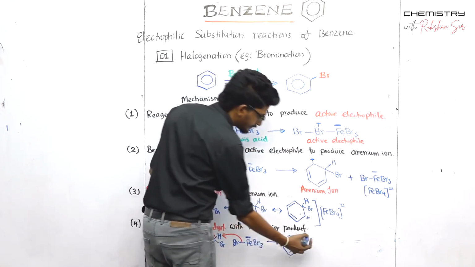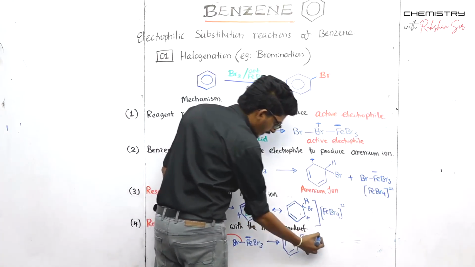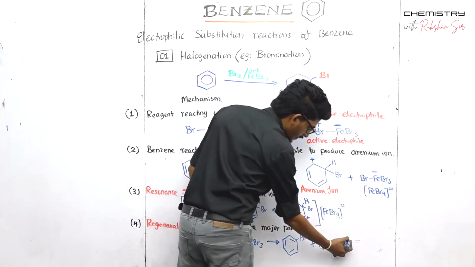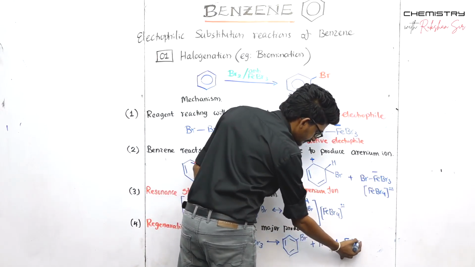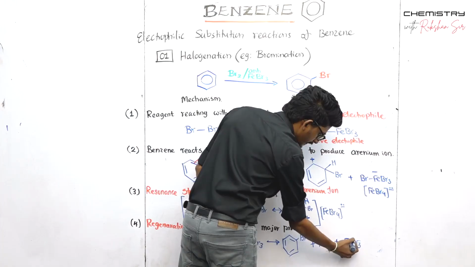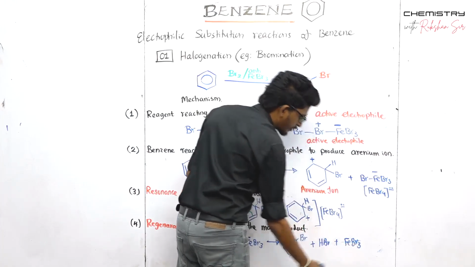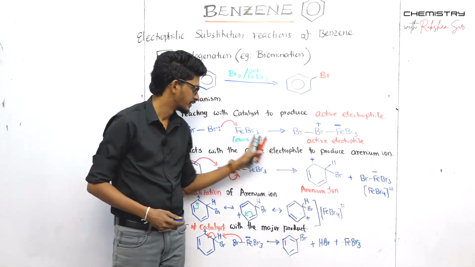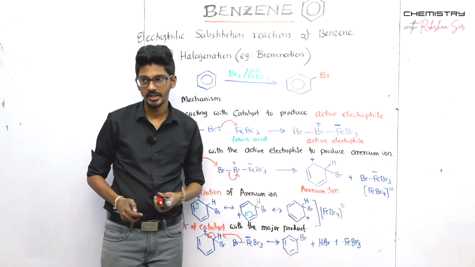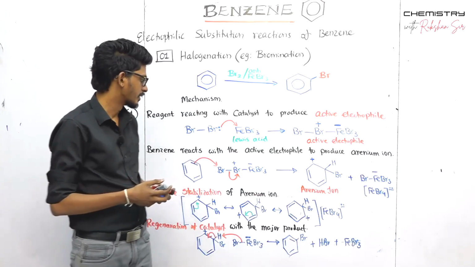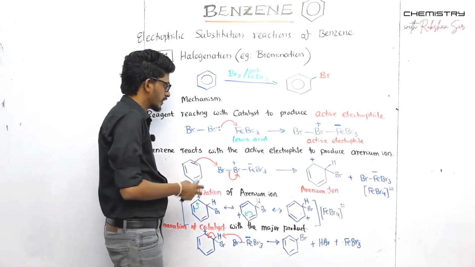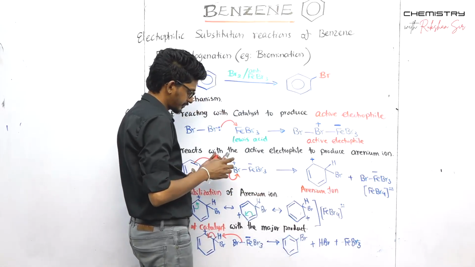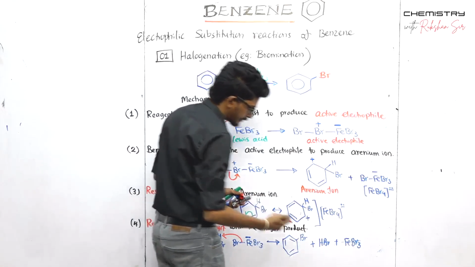Benzene with the Br, and the HBr, and the FeBr3. So you clearly see the catalyst is produced again. The FeBr3, the catalyst, is produced again. Catalyst means that there is no net consumption or production, so the consumed amount is regenerated. So your catalyst is there.